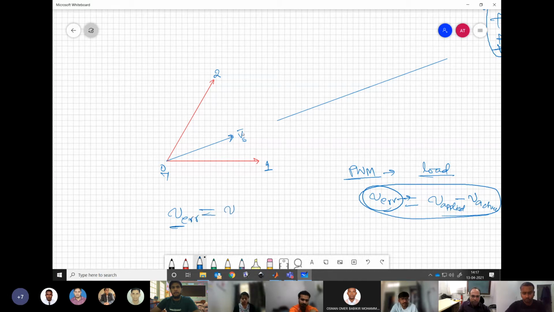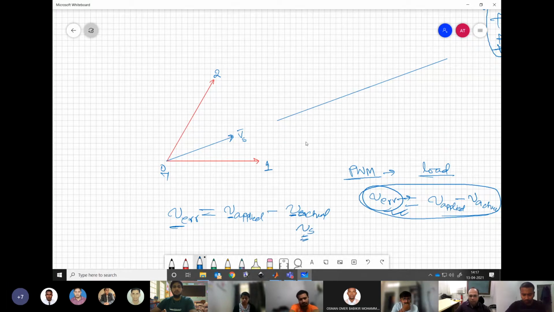So whenever we compute this kind of error in space vector, these quantities become vectors. So we will have error in the voltage vector, which is actually the applied voltage vector minus the actual voltage vector, Vs.